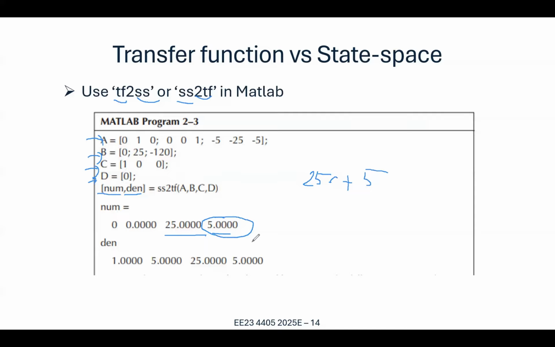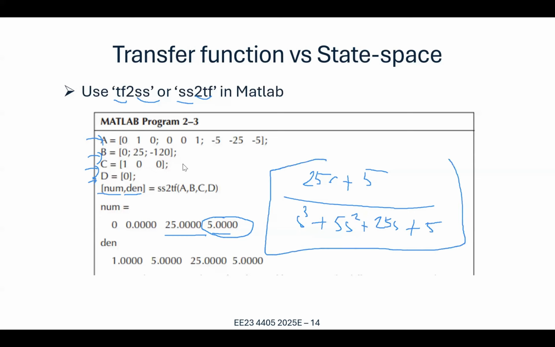Yeah, so 5 times s to the power of 0. And then we go up to the s, and then s square, and then s to the power of 3. And the denominator here is s to the power of 3 plus 5s square plus 25s plus 5. Yeah, so that's the transfer function that you obtain from this state space representation.